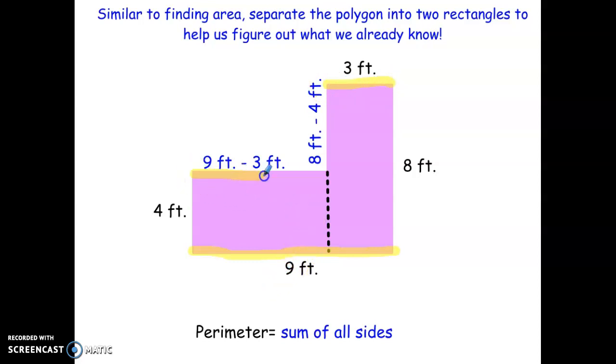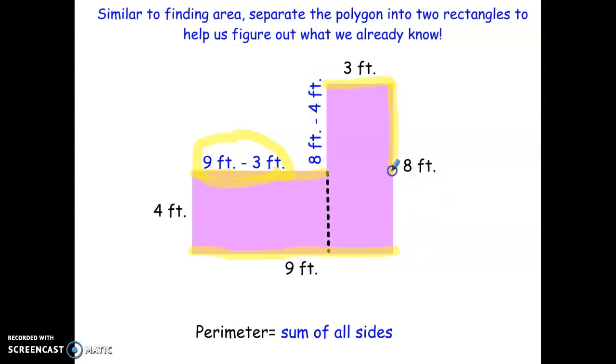So to find this unknown length, we want to take the entire length of 9 feet, subtract off the smaller length of 3 feet, since that's not part of this side here, to get the equation of 9 feet minus 3 feet. We're going to do the same thing to find this missing length.